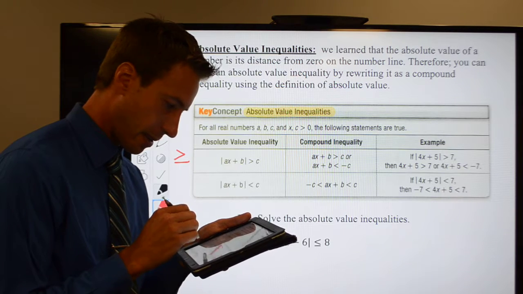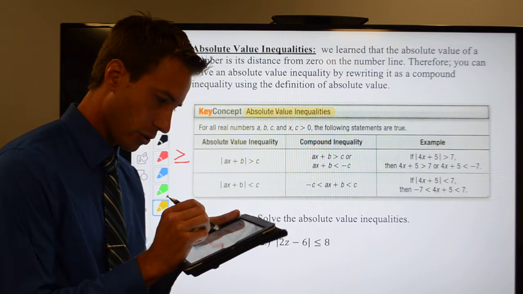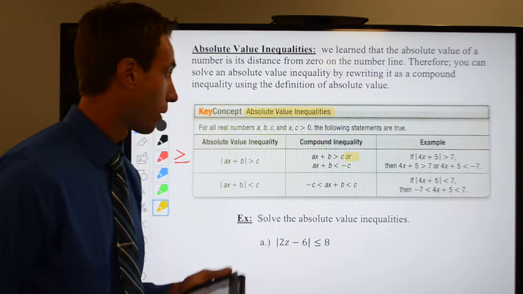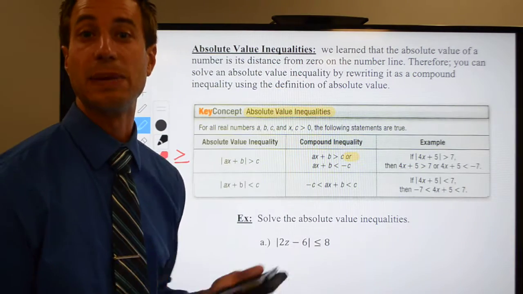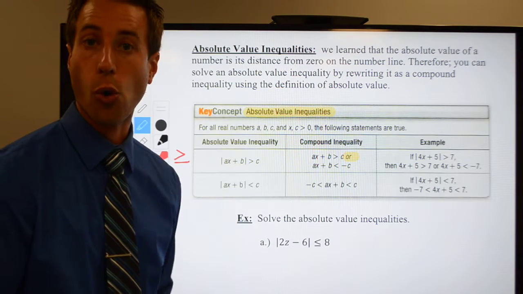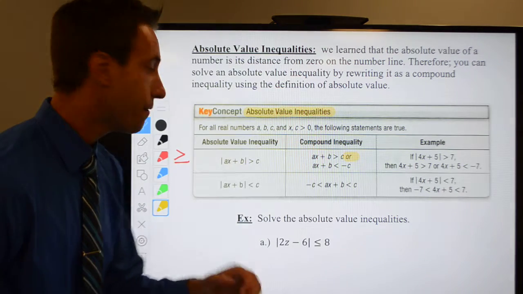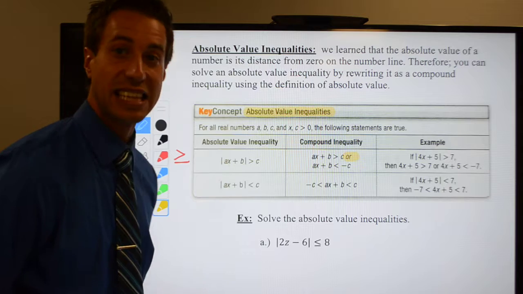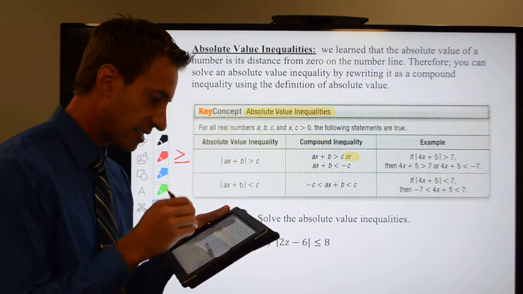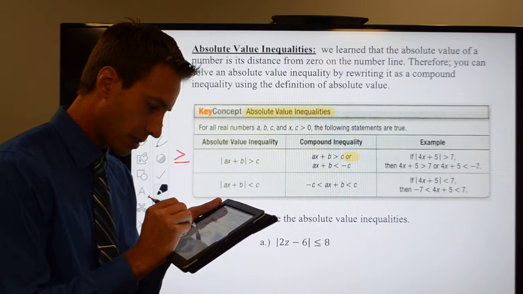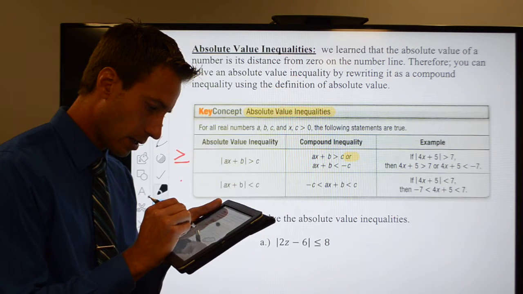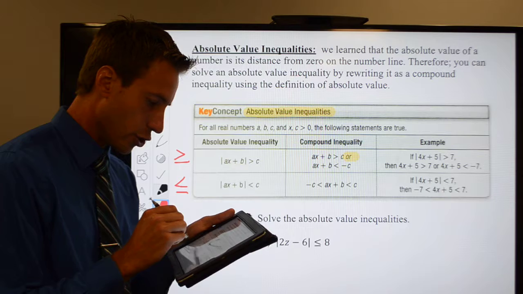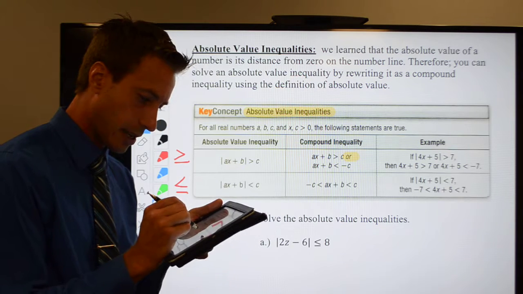Let me go ahead and highlight that for you. You're going to be or, right? So if it's greater than or equal to, it's going to be an or. You'll be setting up an or inequality. If the absolute value is less than or equal to, you're going to have an and inequality.